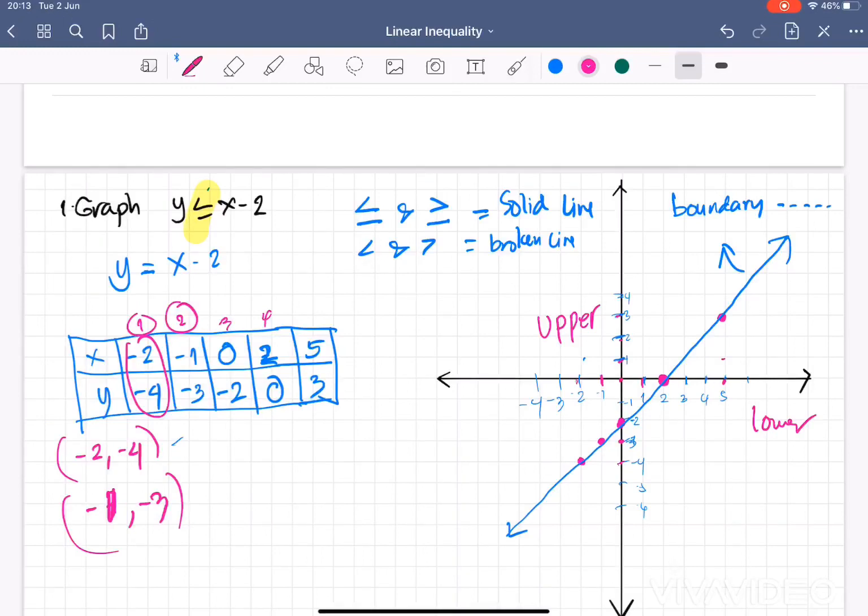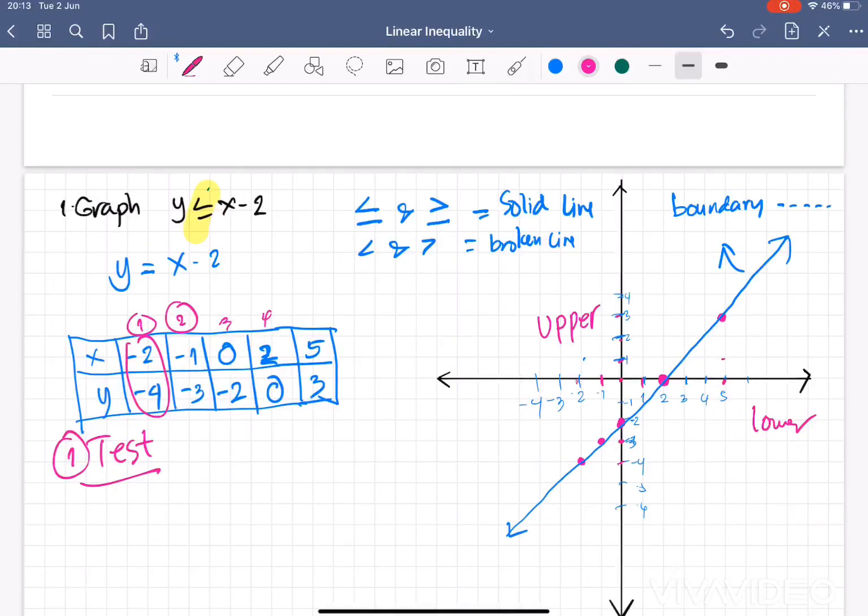Now the question is, which region, the one that contains different ordered pairs, will satisfy the inequality? For us to answer that, we need to have a test. For the test, we first test any ordered pair in the upper region.